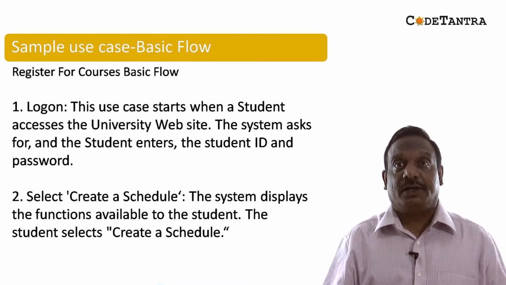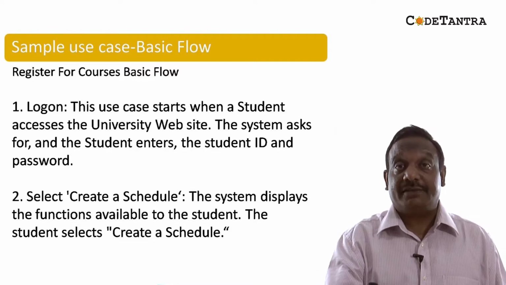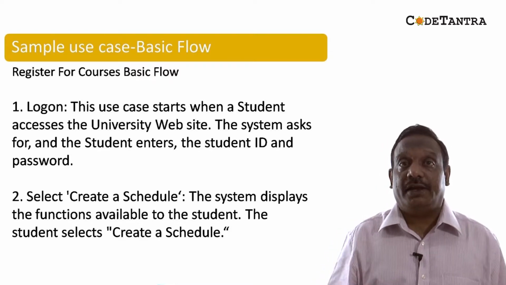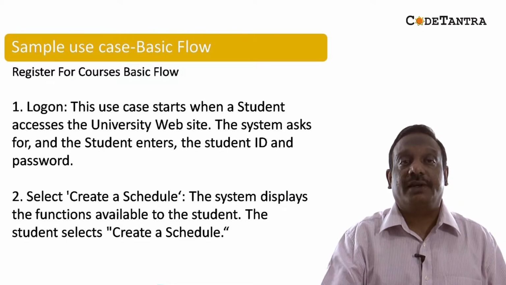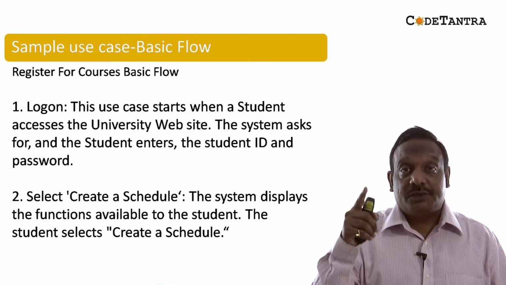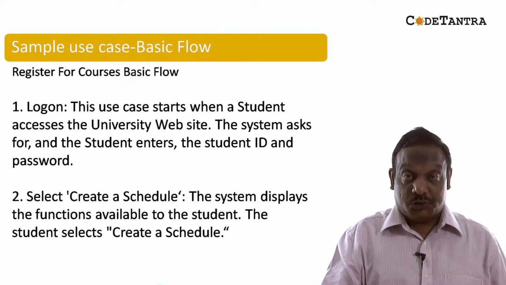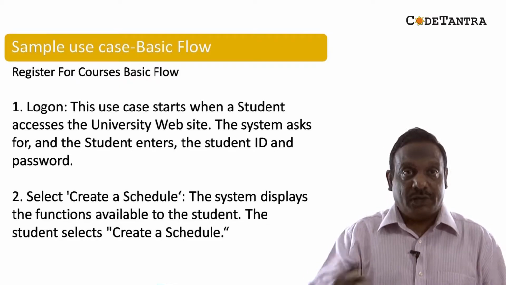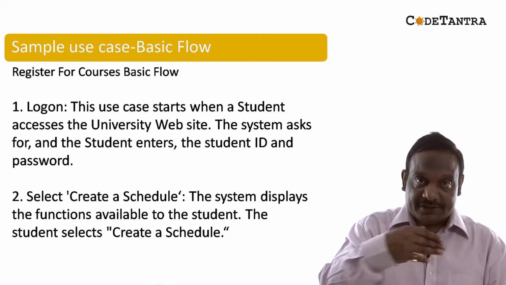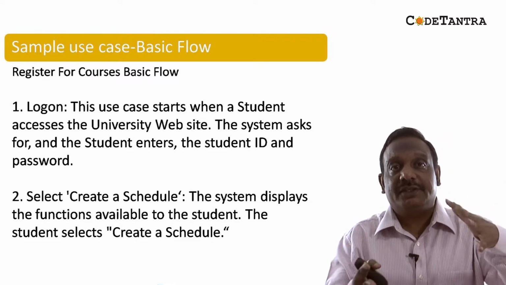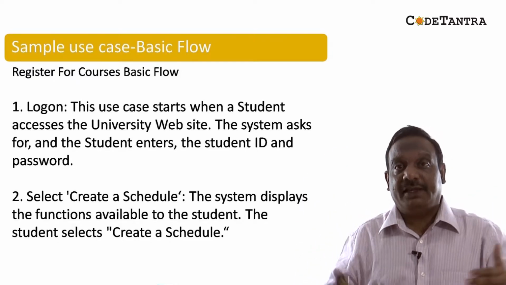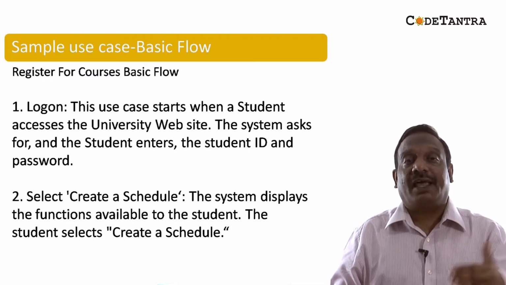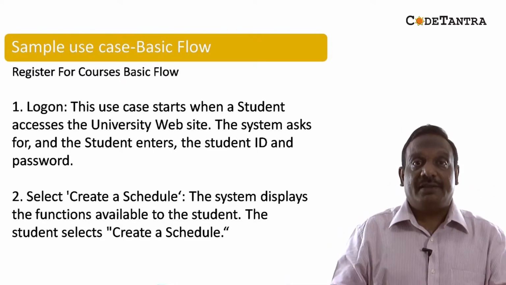A user, the student: this use case starts when a student accesses the university website. The system asks for, and the student enters, the student ID and password. So we have clubbed all the actor and system steps into one single step to keep it at a high level. But you can imagine exactly what events happen between the student and the system.